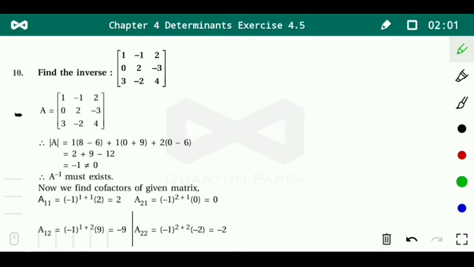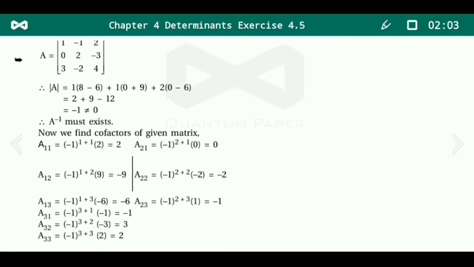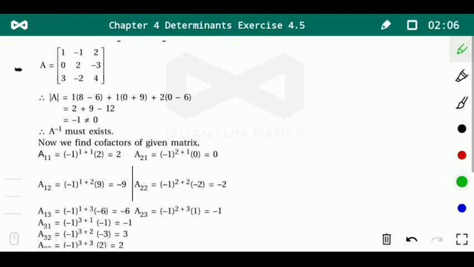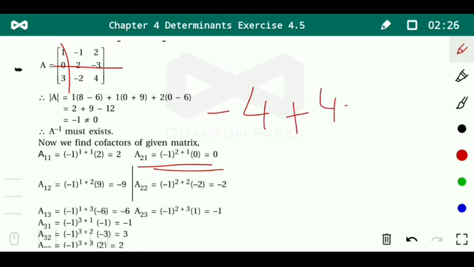Next we have to find capital A13. Minus 1 raised to 4, and we remove first row, third column. So minus 2 zeros are 0, and 3 2s are minus 6. So the answer is minus 6. Now capital A21. We remove second row, first column. So minus 1 minus 4, minus minus plus 4, so it will be 0.